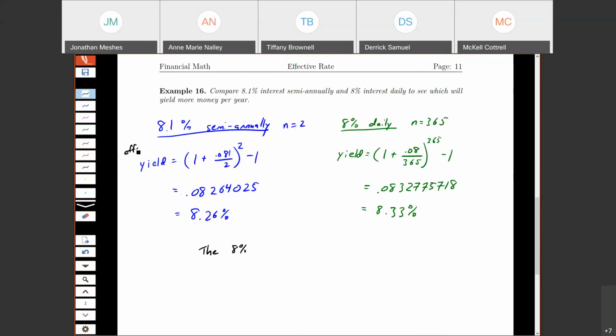That's okay, it's good to learn a little something now. So the effective rate is also sometimes called the APY, or annual percentage yield.